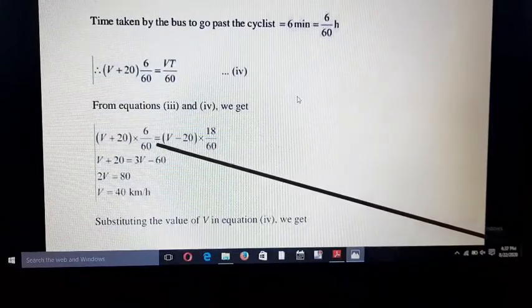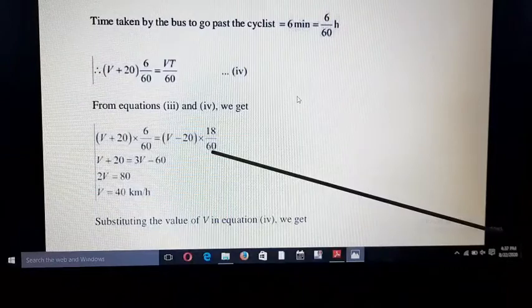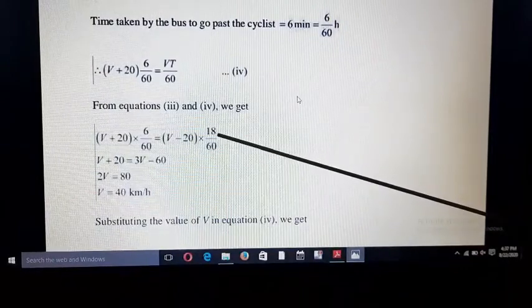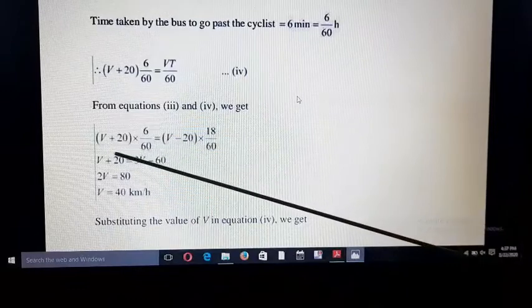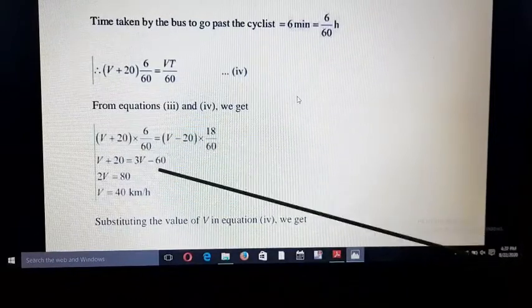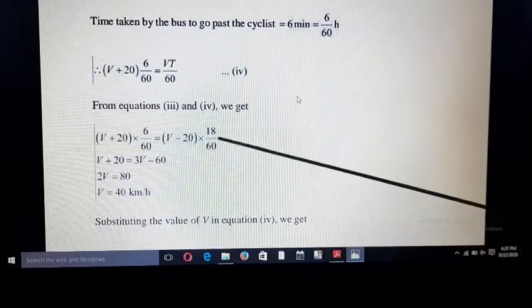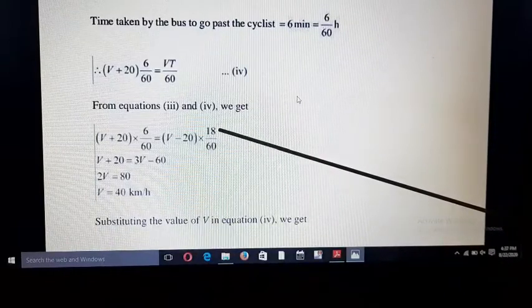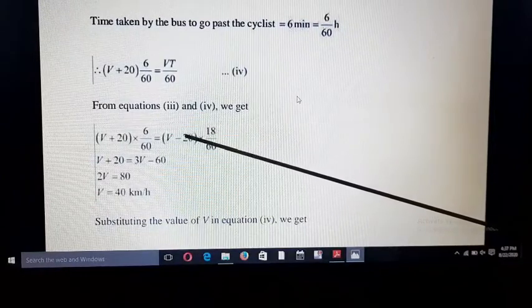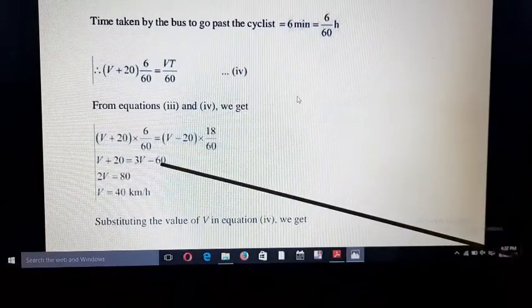Both sides 60 are cut here, and 6 threes are 18. So here we get V plus 20 is equal to 3V minus 60, because 3 is multiplied with V and also with 20. So we get 3V minus 60.